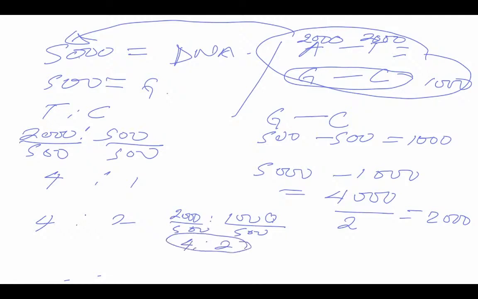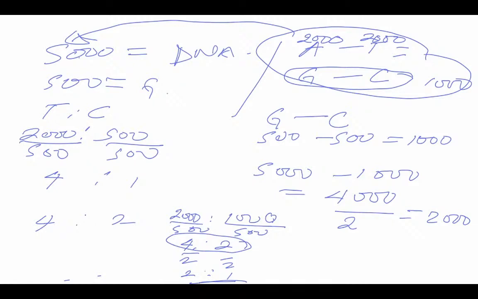This answer is not correct. It is wrong. Why? Because this is not the simplest. So the ratio must be the simplest. This answer can be divided more to get the lowest figure. How? If I divide by 2 here and by 2 here, I'm going to get 2 here and 1. You see that this one is simpler than 4 to 2. So when they ask you the ratio, it must be the simplest version.